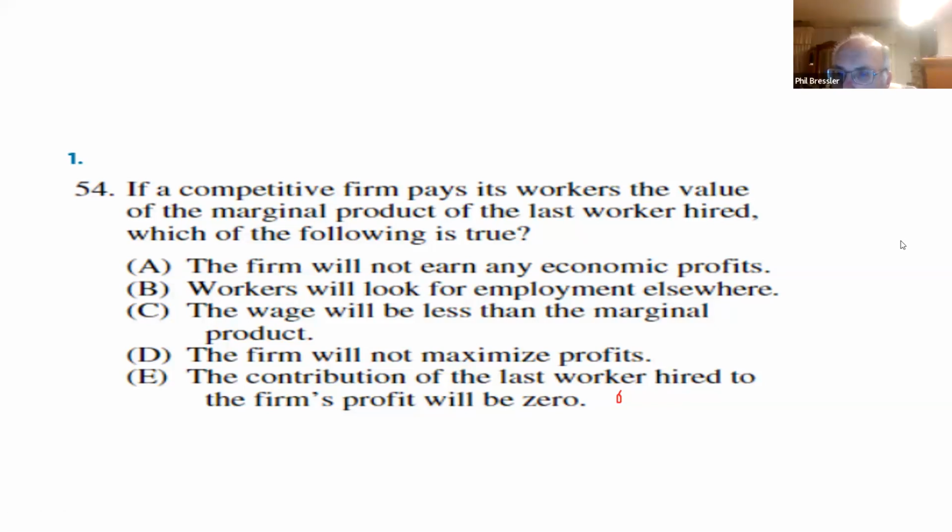All right, hold it. There's a couple of things in the chat. What if they paid the worker less? They can't pay him less than he brings in. They wouldn't hire him. If they paid him more than the marginal revenue product, then they're making profit.